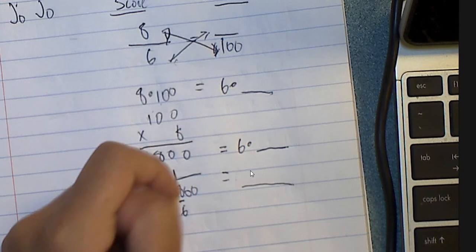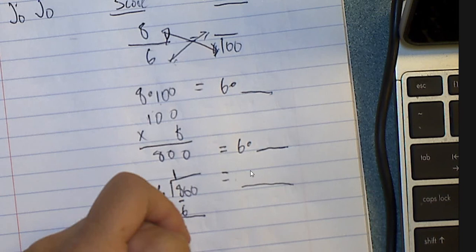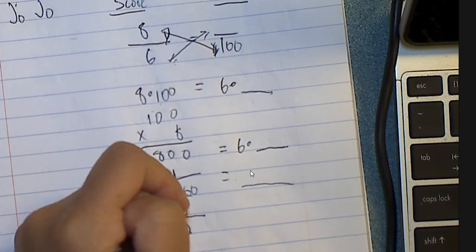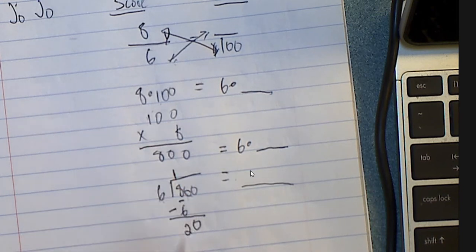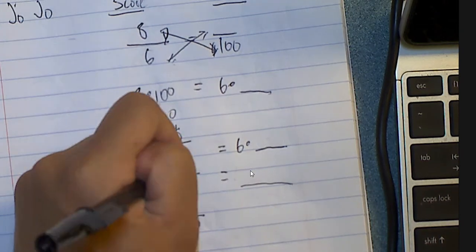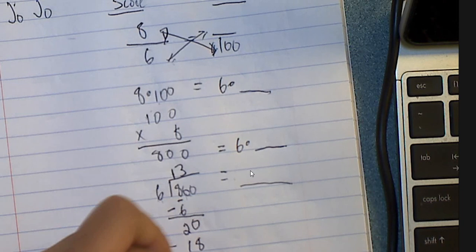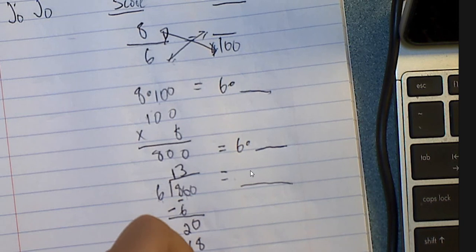1 times 6, that gets me 6. I subtract. 8 minus 6, that gets me 2. I only drag down 1 zero. Do not drag down 2 zeros. You only drag one number at a time. 6 goes into 20 3 times. 6 times 3 is 18. 20 minus 18, that gets me 2.